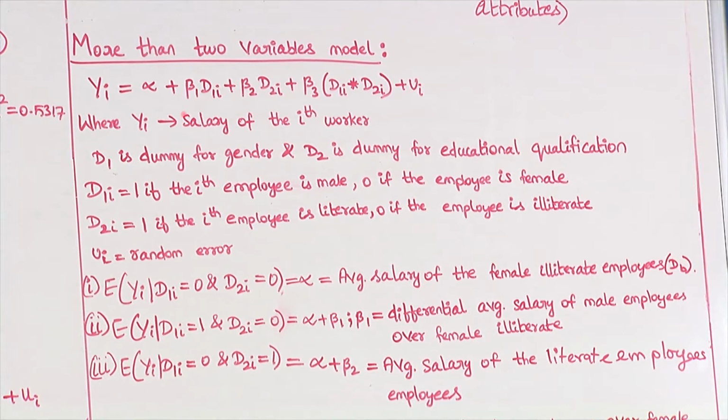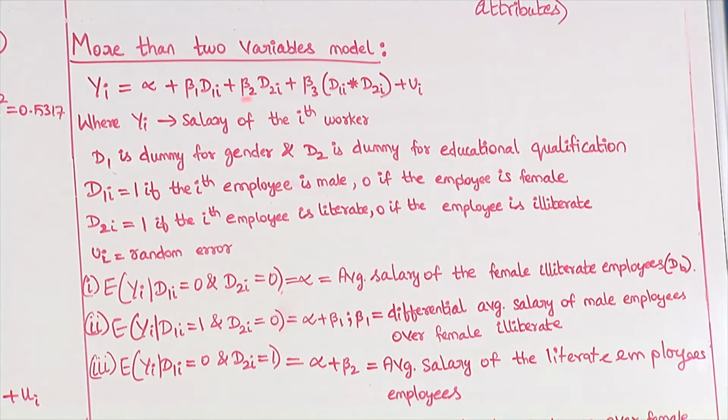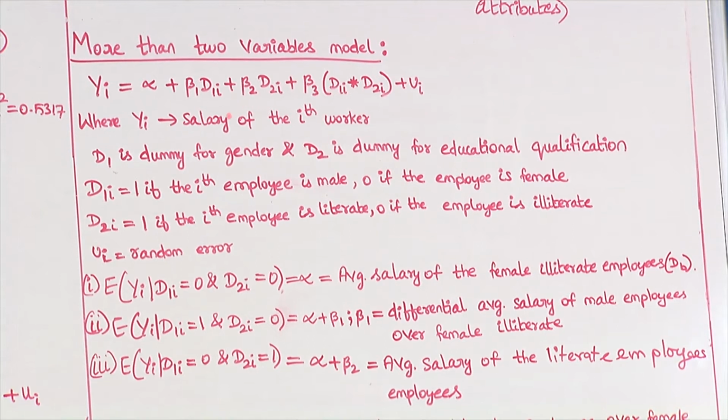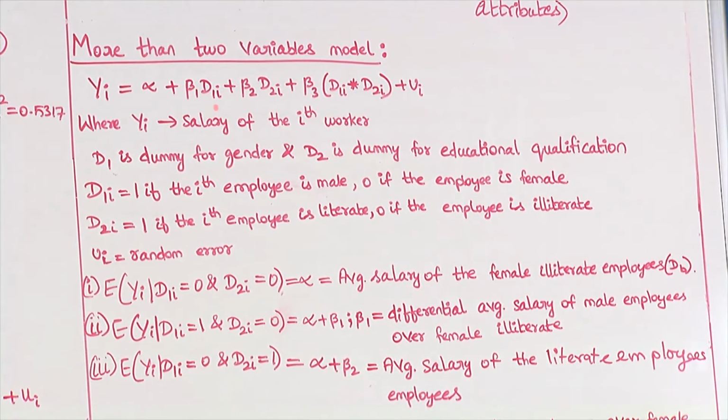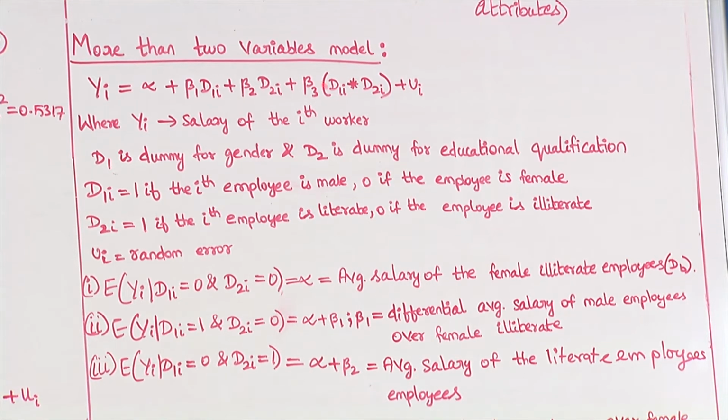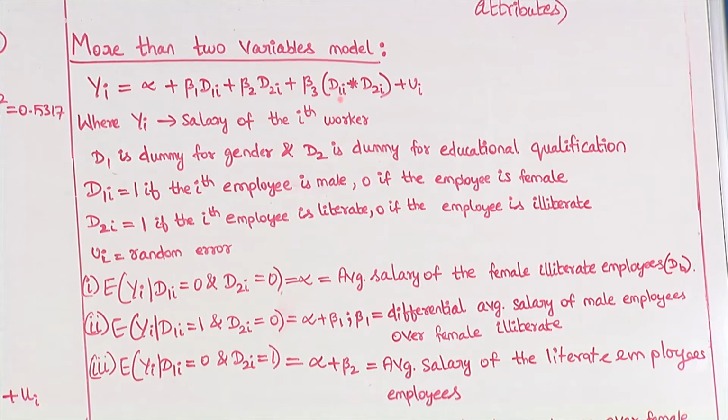When you measure the difference between the male and female employees, you assume there is no such difference between the illiterate and literate employees, and you assume homogeneity between the male and female employees when you measure the difference between the illiterate and literate employees. But no, this is not the case. They are different, right? They are heterogeneous, and so the heterogeneity is captured in this third variable. So we are including that third variable.